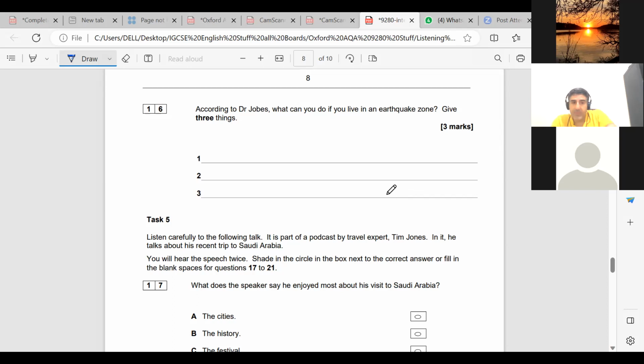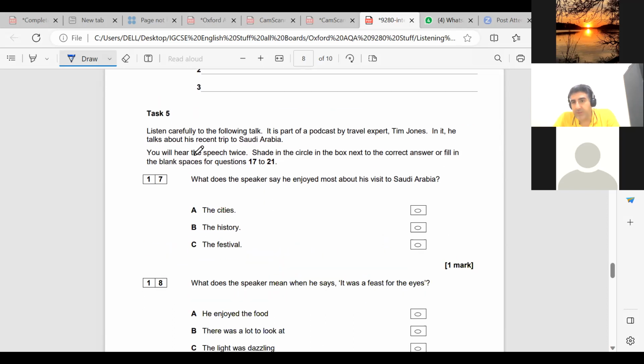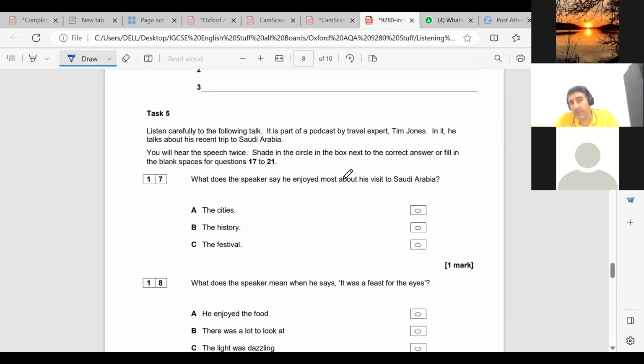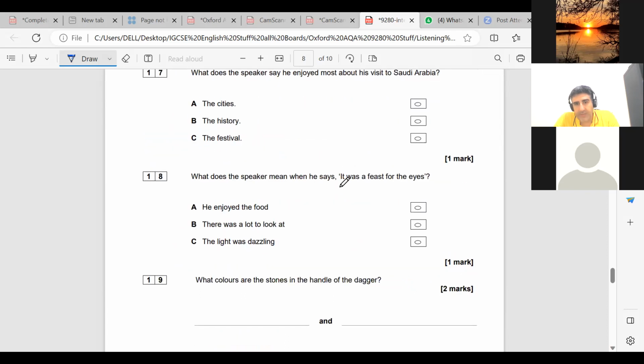You must. Now the last task in the exam, task 5 or part 5. Here in part 5 you have a mix. What do I mean by mix? Multiple choice questions and open questions. Like this here. And part 5 is again a monologue, you will hear a monologue with only one person speaking.